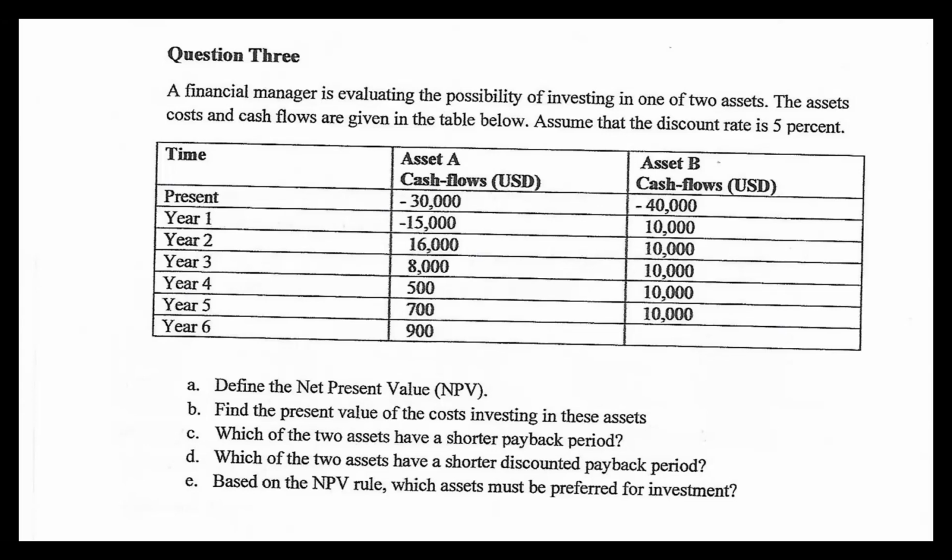Sounding so technical, but that's it. Cash inflow simply means the money coming into the business, minus the money that you invested, that is the cash outflow. That difference is called the net present value.